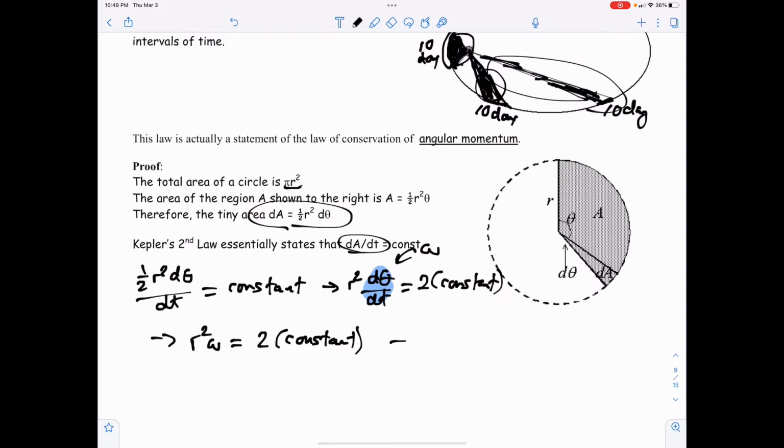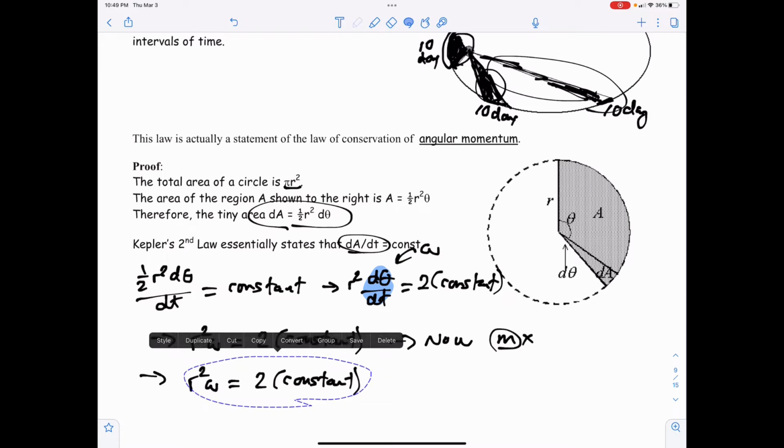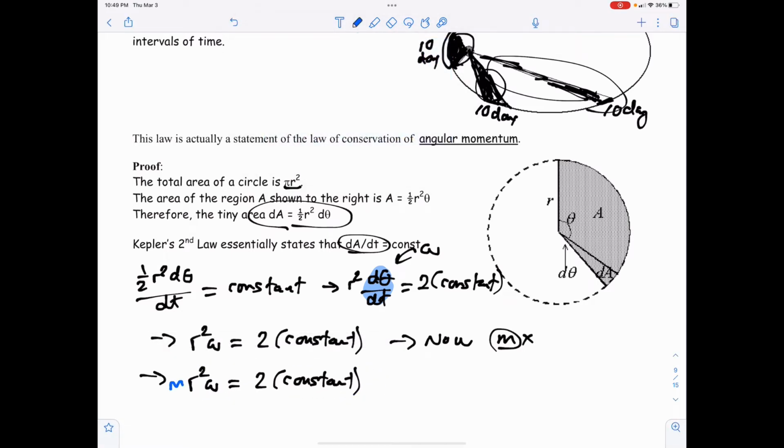Now let's go ahead and multiply both sides by the same orbiting mass, and this becomes m r squared omega equals m times 2, or 2m. I'll just rearrange stuff here. There we go.